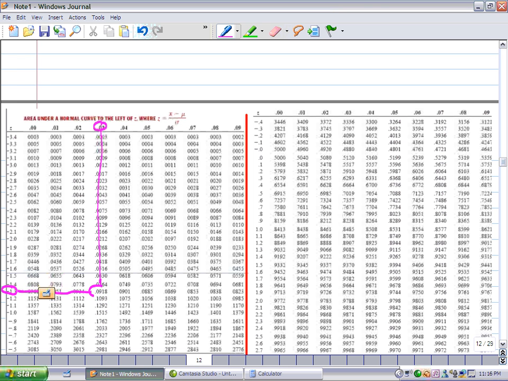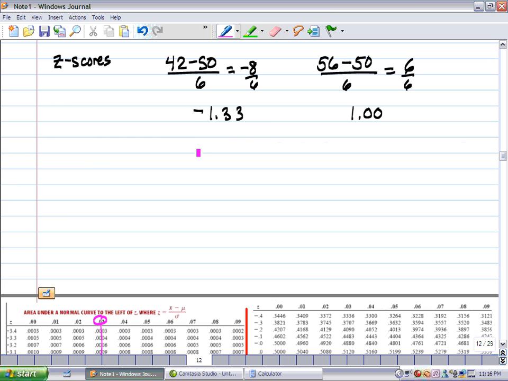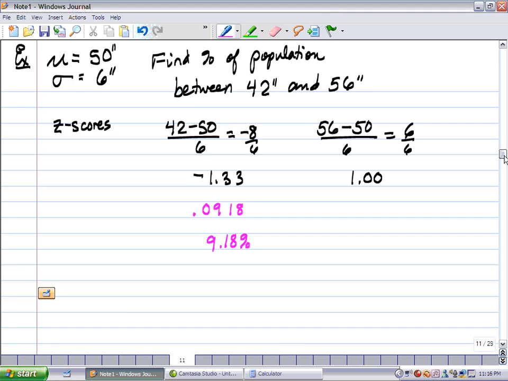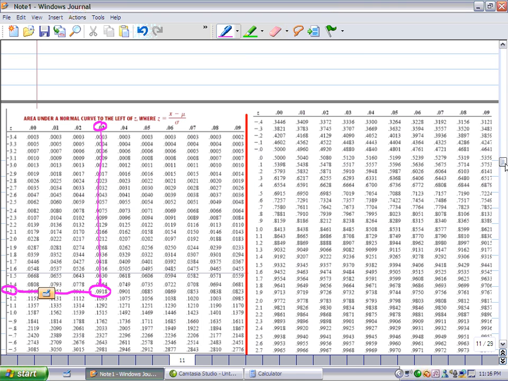So that's going to be 0.0918, which is 9.18%, or below 42 inches. And now let's look up 1.00.